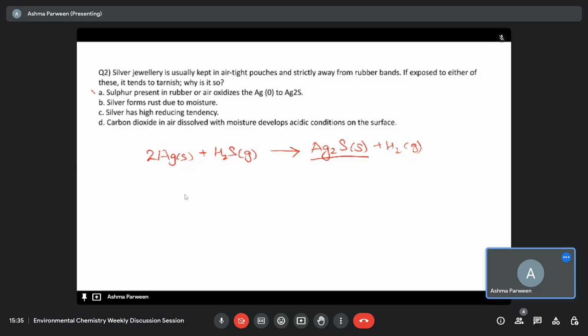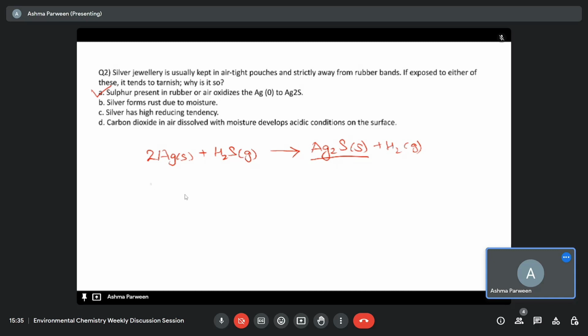So the first option is correct: sulfur present in rubber or air oxidizes the Ag to Ag2S, due to which tarnishing of silver takes place. If we want to remove the tarnishing, we can react it with aluminium to form aluminium sulfide, and correspondingly we will get silver.